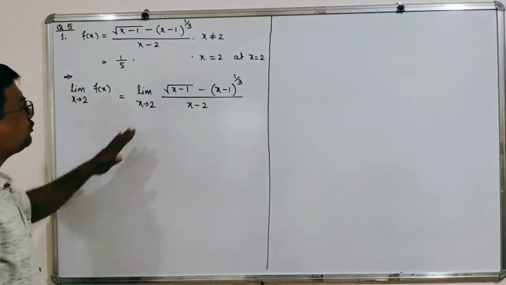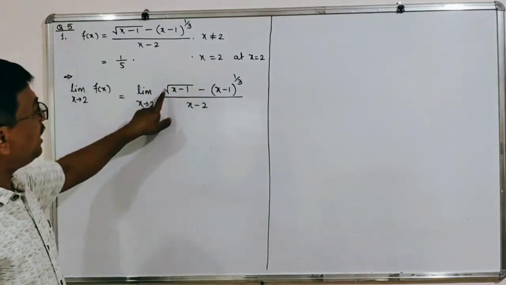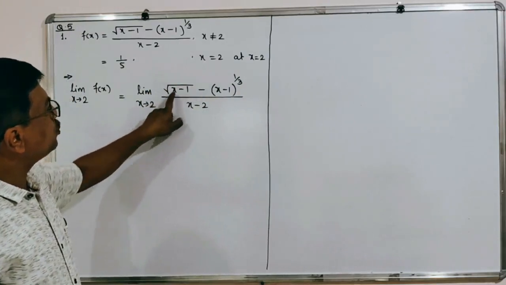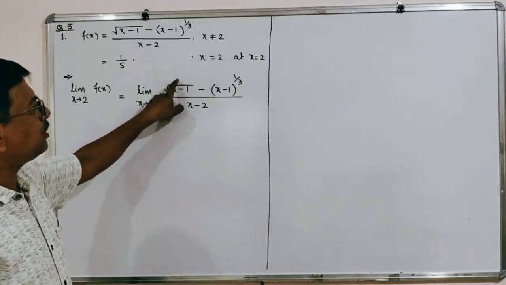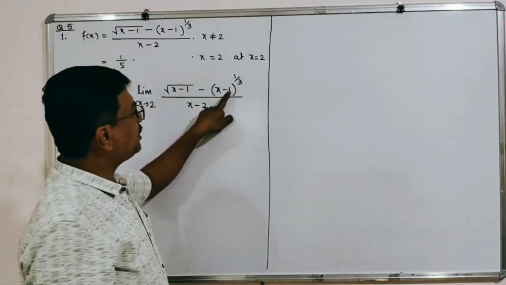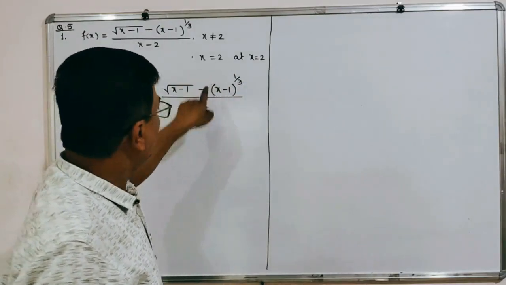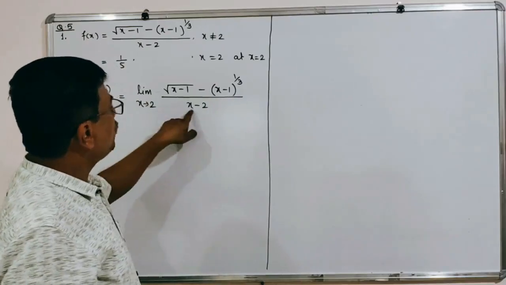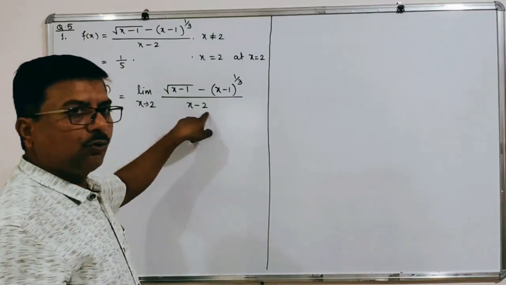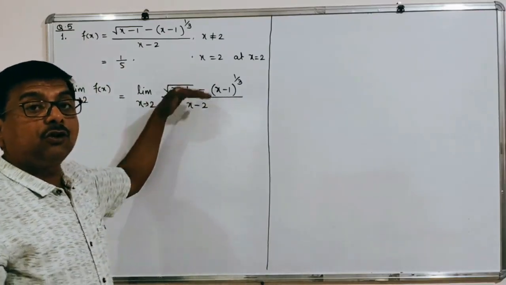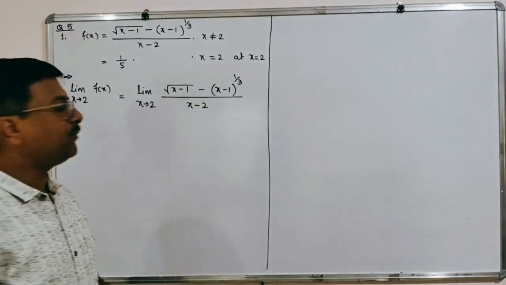If you try to substitute this value here in this function, we get 2 minus 1 is 1, square root of 1 is 1, 2 minus 1 is 1, cube root of 1 is also 1, 1 minus 1 is 0, divided by, put x is equal to 2, 2 minus 2, 0. It is giving 0 by 0 form, which is indeterminate form.